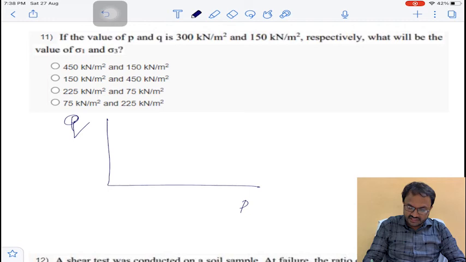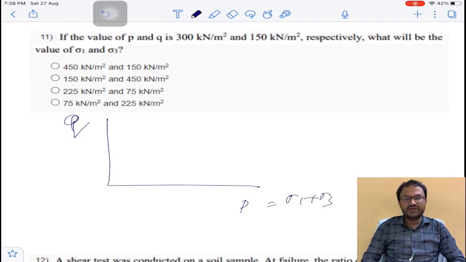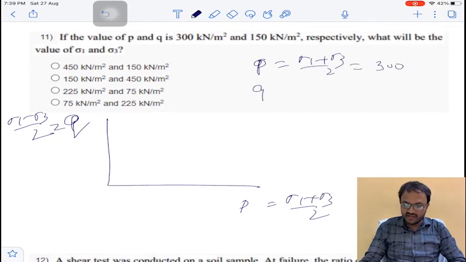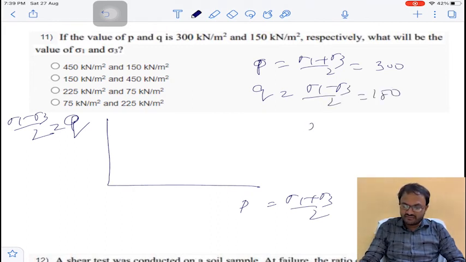Q is equal to sigma 1 minus sigma 3 by 2. So he has given P is equal to sigma 1 plus sigma 3 by 2, that is equal to 300. And Q is equal to sigma 1 minus sigma 3 by 2, that is equal to 150. So if you will solve these two equations, sigma 1 you will get it is 450, sigma 3 you will get it is 150. So the option A for question number 11.